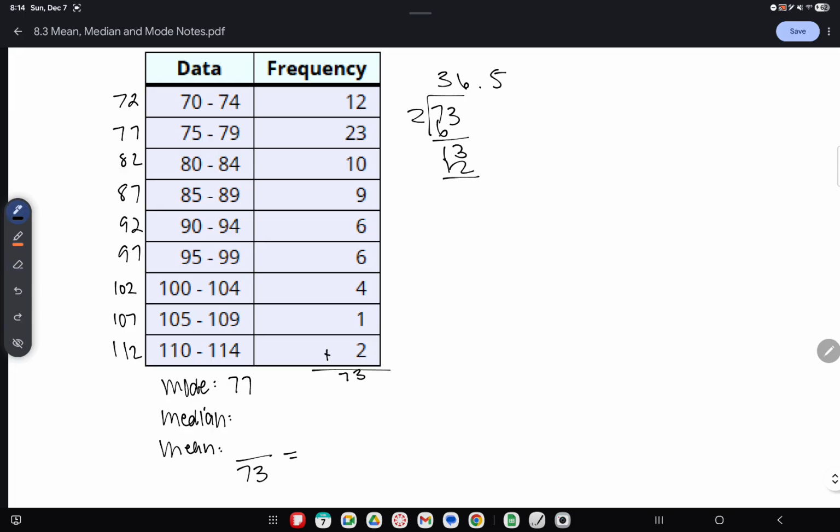So let's see. 12 and 23 makes what? 35? So then I'd have to be in this category anyway to keep going to get between the 36th and 37th. So the median is 82. Or if that doesn't make sense, we always can do the tallies. So 1, 2, 3, 4, 5, 6, 7, 8, 9, 10, 11, 12. Oh gosh, 23. 1 through 15.